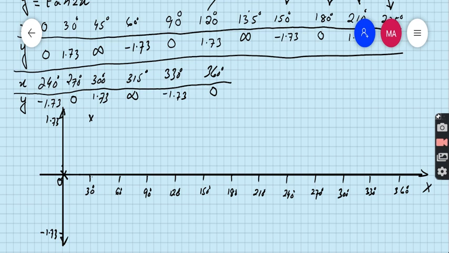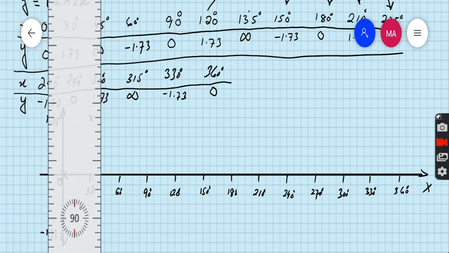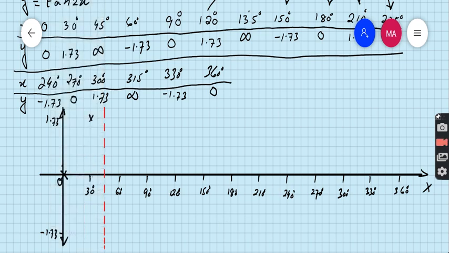So I am drawing a dotted line at 45 degree. This is our asymptote, the red line. Join these 2 points.